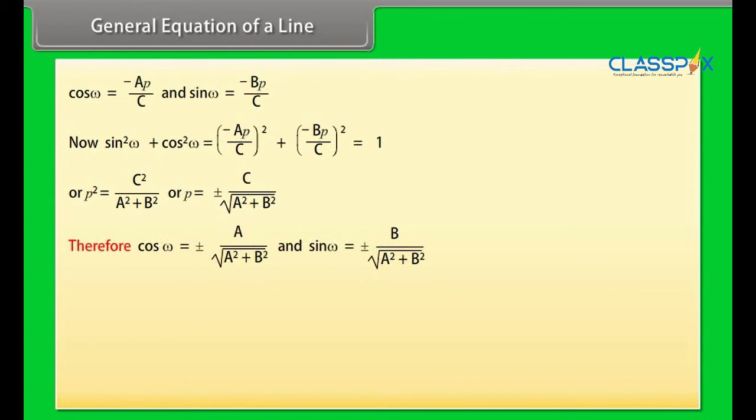Therefore, cos omega = ± a/√(a² + b²), and sin omega = ± b/√(a² + b²).